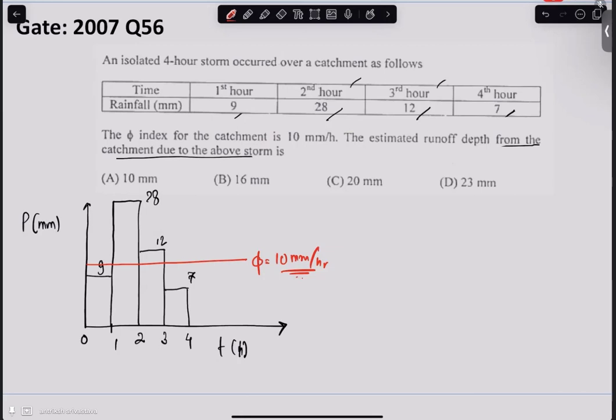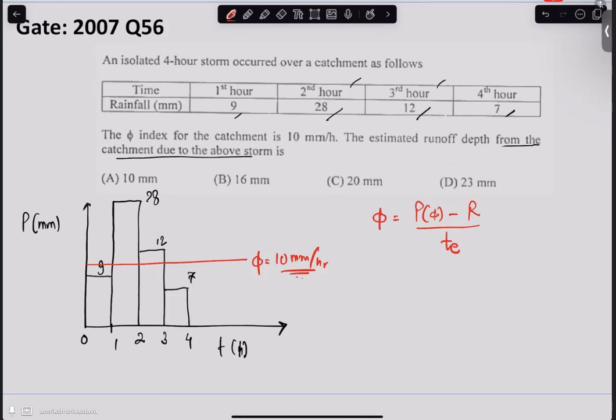Okay, so to solve this question, we need to know how to calculate the phi index. Phi index is given as the precipitation when the intensity of precipitation was greater than the infiltration index, or the phi index, minus the runoff, divided by the time where the precipitation was more than the phi index.